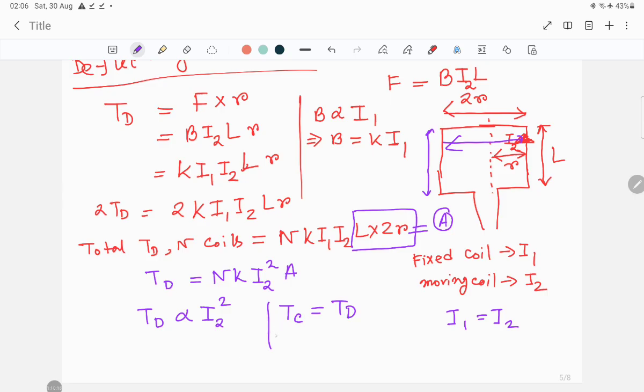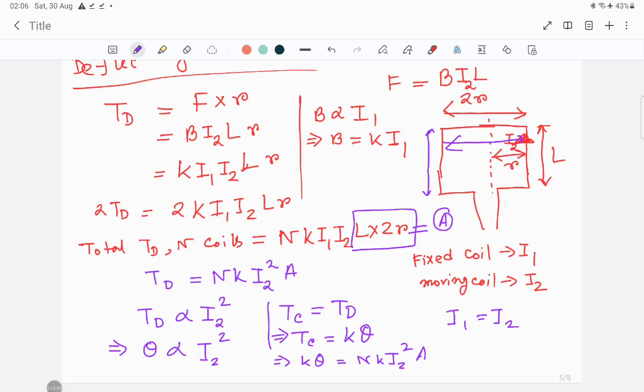We know the controlling torque TC is equal to K theta, and theta is the deflection. So if we imply K theta is equal to NK I square A. From here if we remove all the constant values, we can say the deflection theta is proportional to the square of the current flowing through the moving coil.